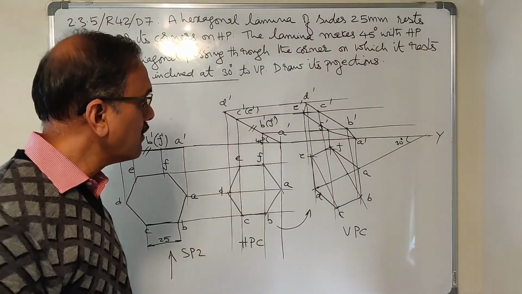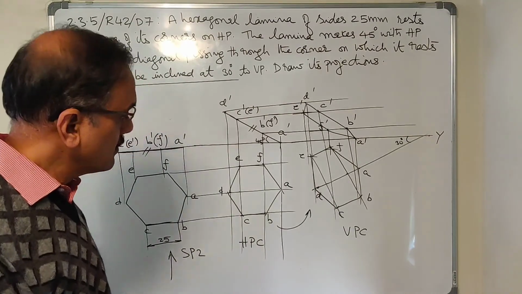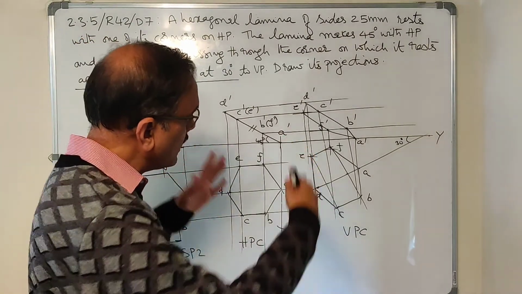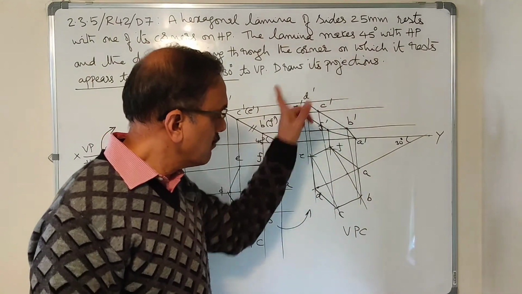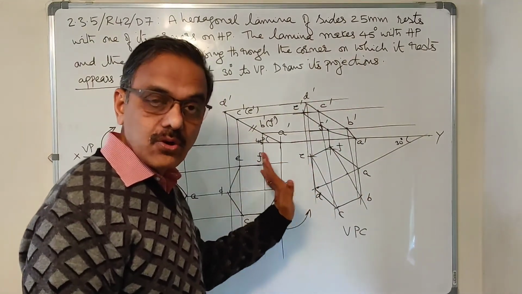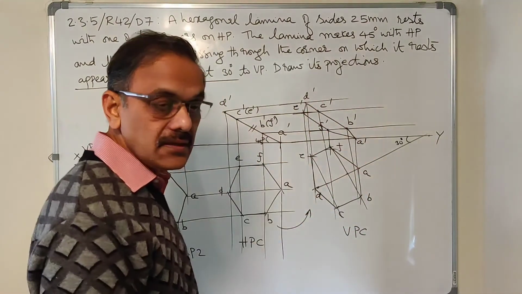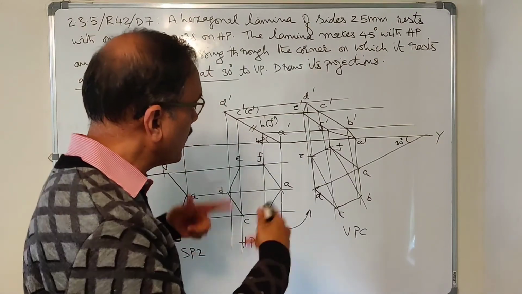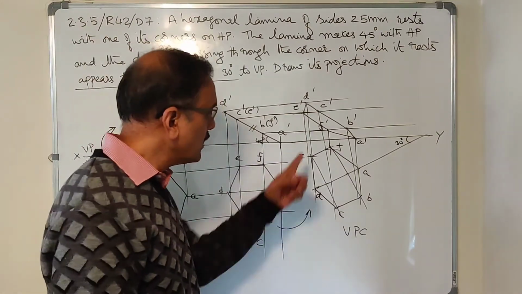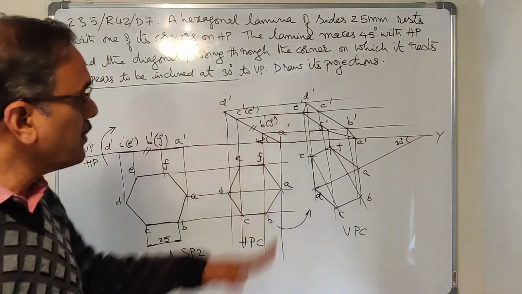That's how the final front view appears. Because I have drawn it freehand, it has not come properly. But when you draw to dimension, when you draw to scale, and when you take the angles perfectly, you may get a better shape. I didn't get it properly here, but that is how it appears.